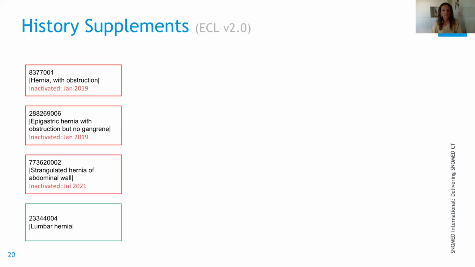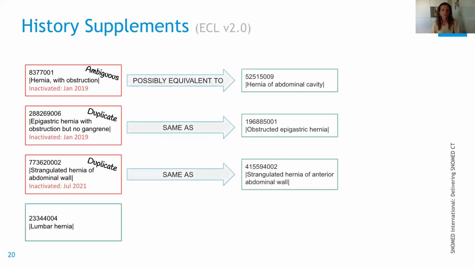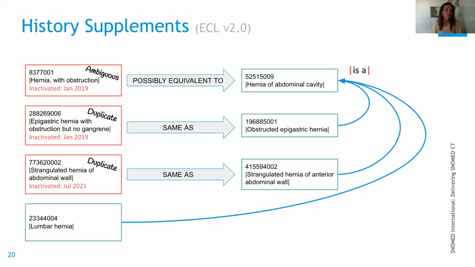And as part of the inactivation process, the concept being inactivated is associated with an inactivation reason. So in these examples, the concepts have been inactivated because they were either ambiguous or duplicate. And the inactivation reason then also determines the type of historical association that is established between the inactivated concept and an active replacement.